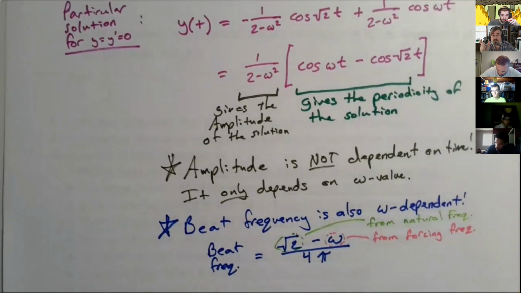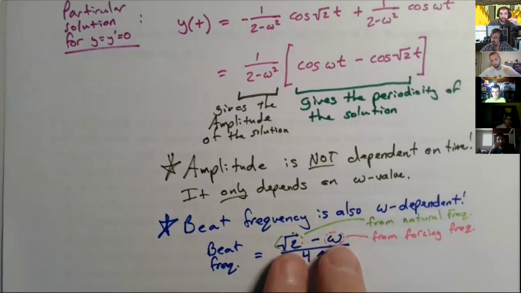And so if those two values are really close together, if omega is really close to the square root of 2, the numerator on that fraction is tiny, which means you'll have a very low frequency. If you're thinking about waves, low frequency means standing in one place, you get hit with waves very slowly. They're not hitting you frequently. So low frequency means longer period.